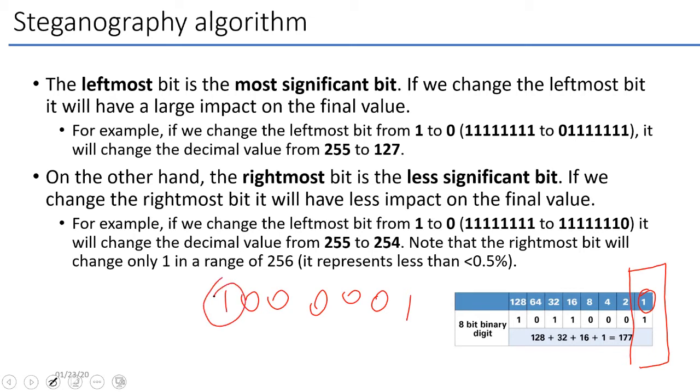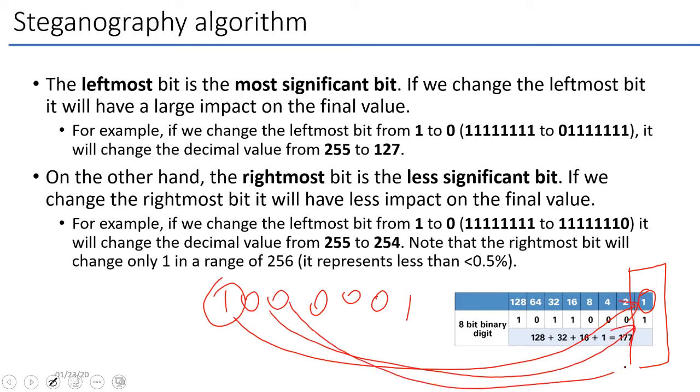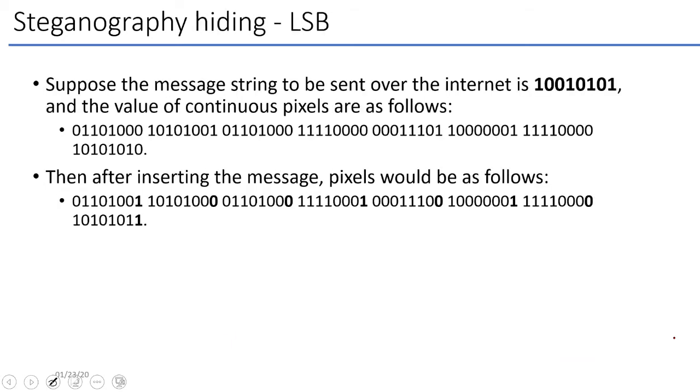I'll take the first bit and put it in the first location, then take the next bit and put it in the next location, and so on. These will be the least significant bits of all those pixels. To represent it in numerical form, for example, if I want to embed this value 10010101, then I'll take the pixels like this and change only the least significant bits.